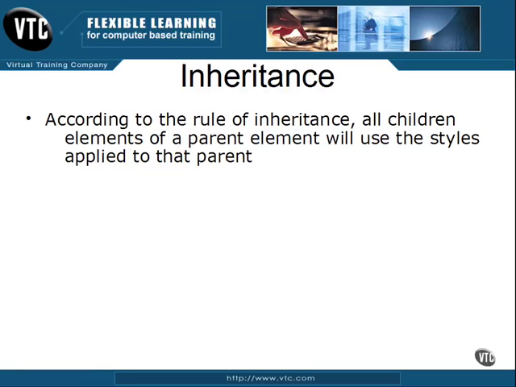And of course, if this child and parent stuff doesn't make a lot of sense right now, we will cover the subject of the DOM in an upcoming movie. Now, of course, the DOM is the document object model that a lot of our web technologies are based upon. So inheritance is kind of building off that concept of the DOM, because we have these parent elements that contain children elements.